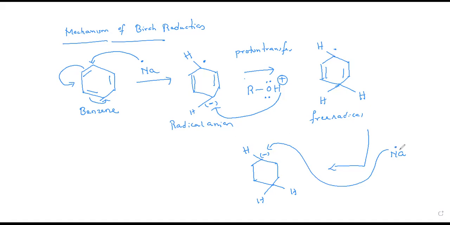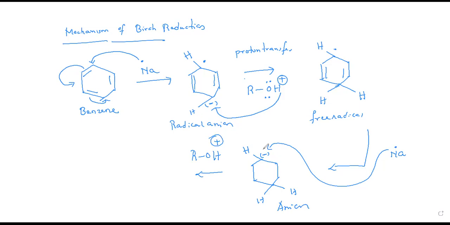So you are using another sodium atom here. It will donate another electron. Already one single electron is present here, so these two electrons will make up a negative charge, to form an anion. Again, this will react with alcohol, where hydrogen has a positive charge.